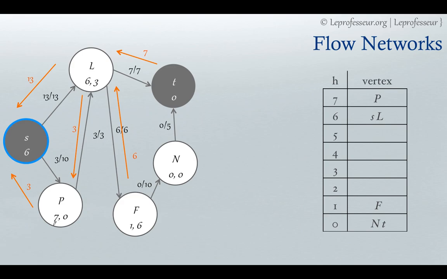So what it means is that now P has higher height. It can say to S, okay, it's not able to receive more fluid. So it will only receive 3 units of flow, which it can safely transfer to L. Okay, and 7 units of flow will be sent back to the source vertex.